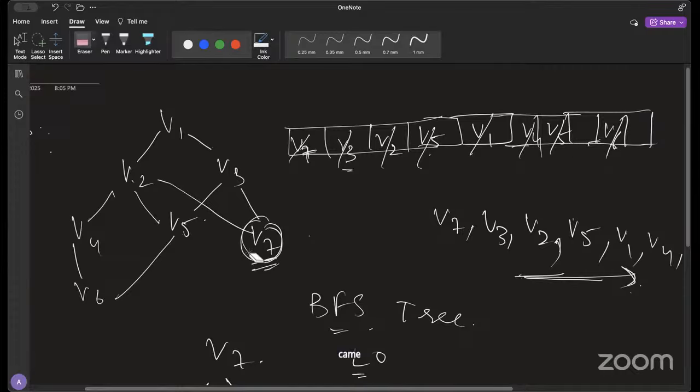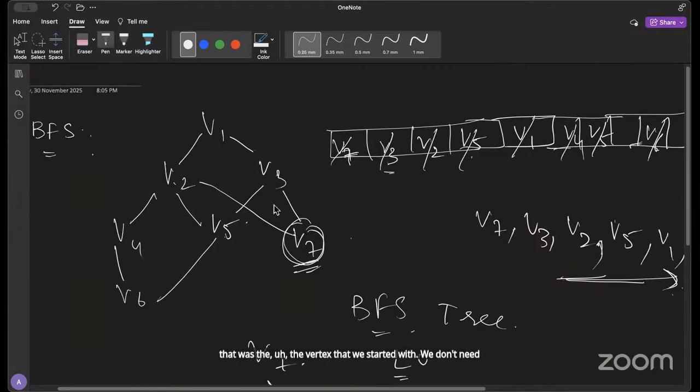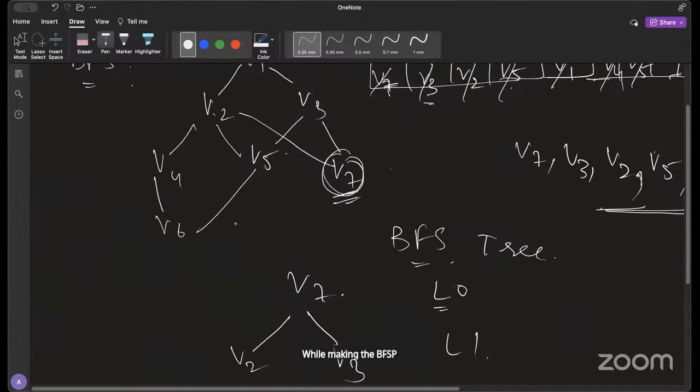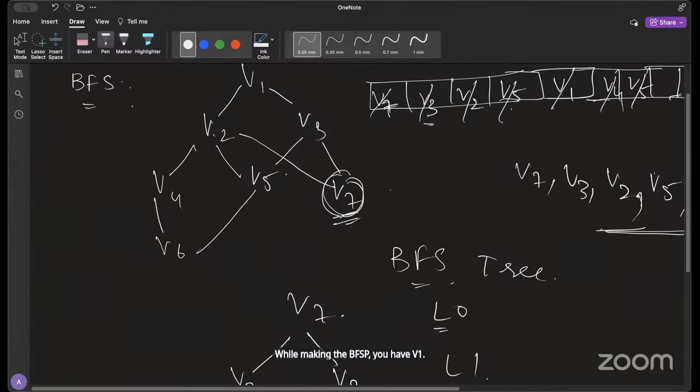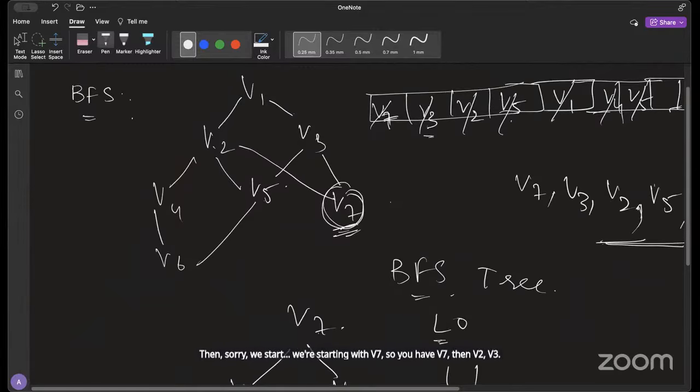We should not have this V7 thing, because that was the vertex that we started with. We don't need V7 here. So while making the BFS tree, we're starting with V7. So you have V7, then V2, V3 on the first level.